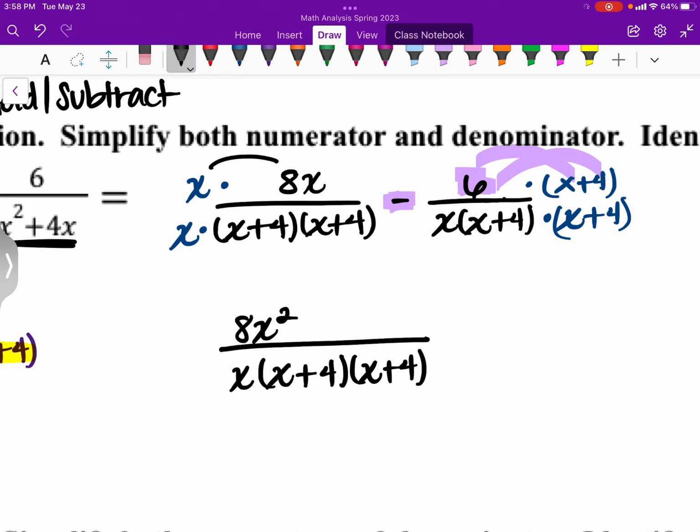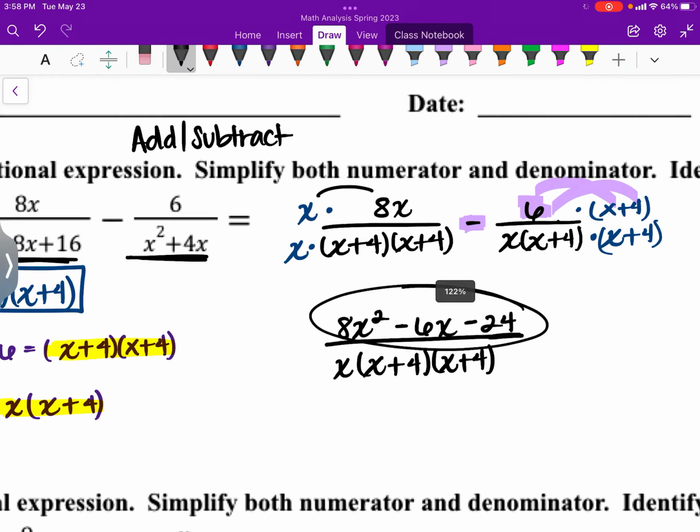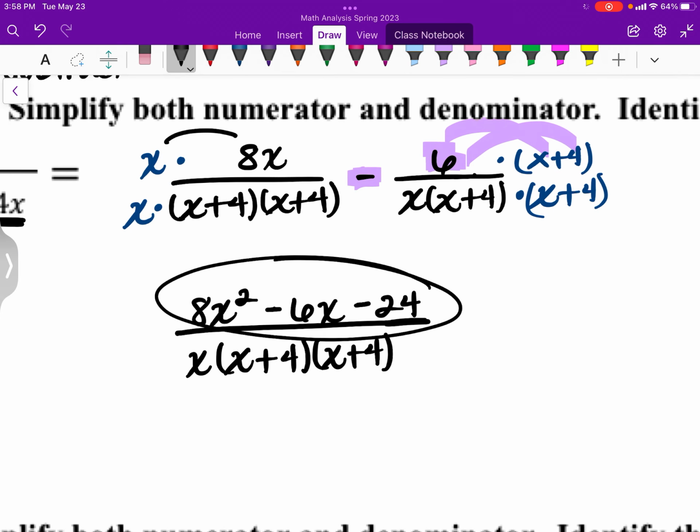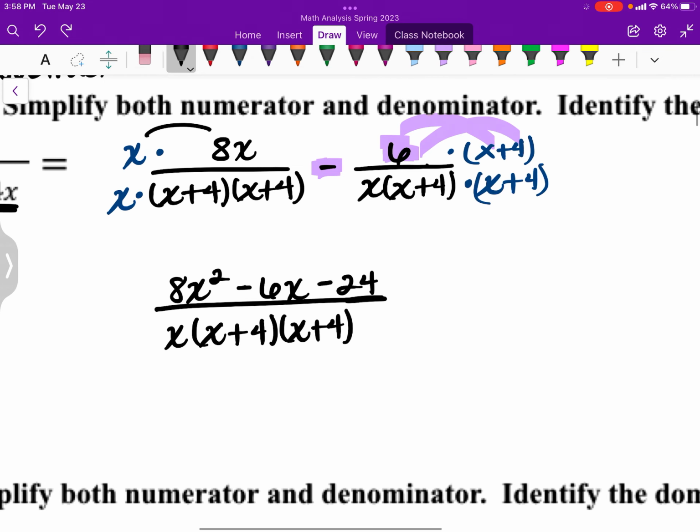Negative 6 times an x is a negative 6x, and negative 6 times a positive 4 is a negative 24. And for this one, guys, this would be the simplest form. I could try factoring this part again, but I would just be doing more steps, so we are done there, because we really can't factor any further in terms of simplifying. So that is the expression simplified.